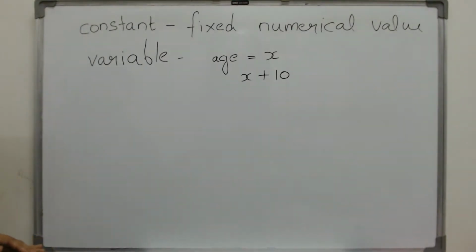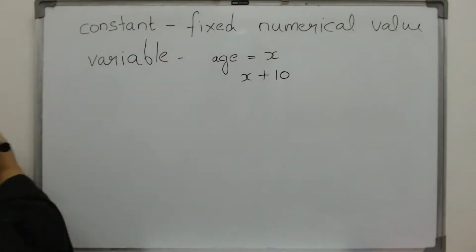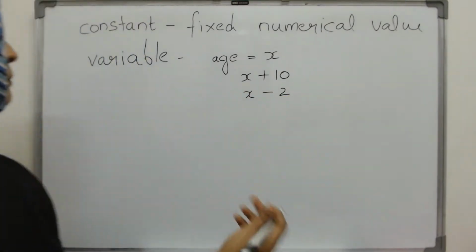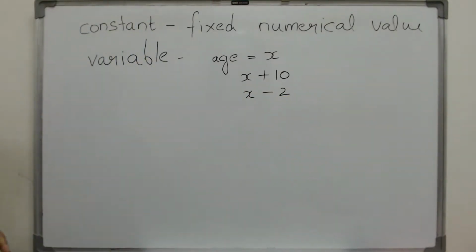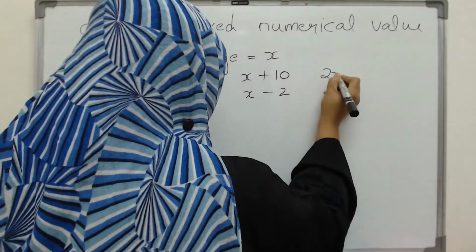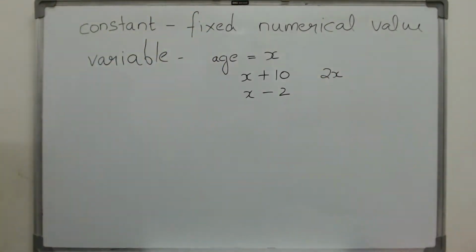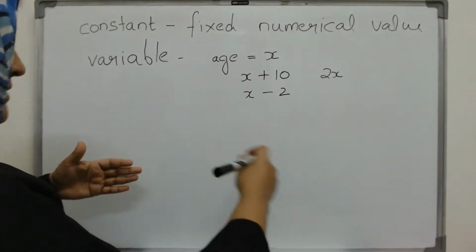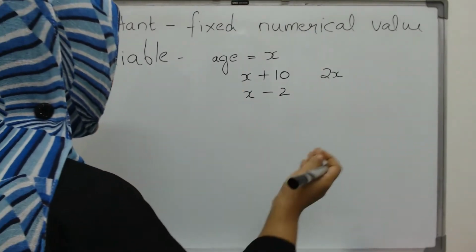Instead of saying the age I was 2 years back, I can say X minus 2. And if my mother is 2 times my age, I can say 2X. So by assigning alphabets or letters to variables, it makes our calculations easier.